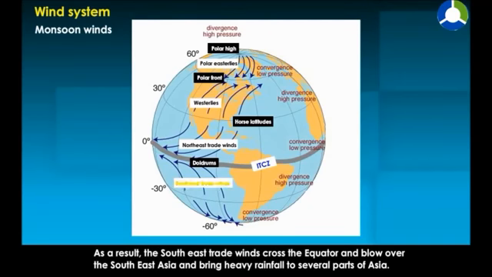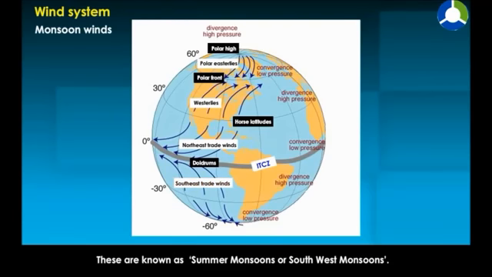As a result, the southeast trade winds cross the equator and blow over the Southeast Asia and bring heavy rainfall to several parts of Asia. These are known as summer monsoons or southwest monsoons.